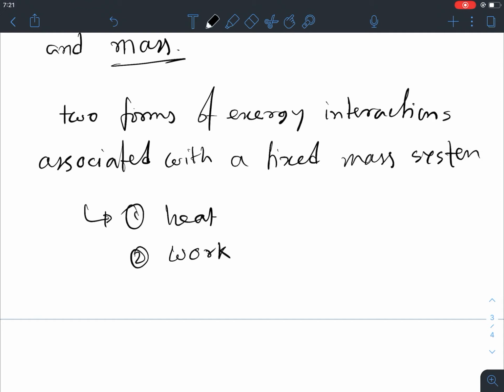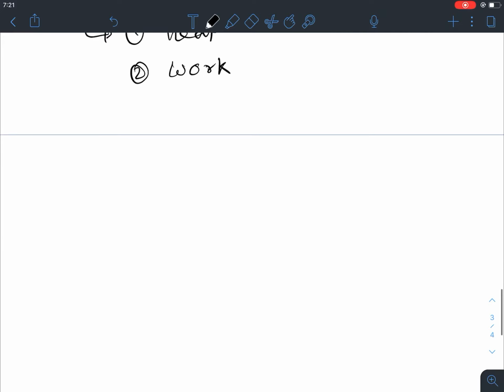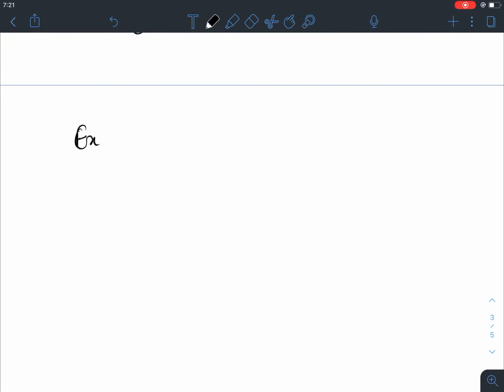And those are number one, heat, and second is work, right? So let's take a look at the exergy transfer due to heat, right?